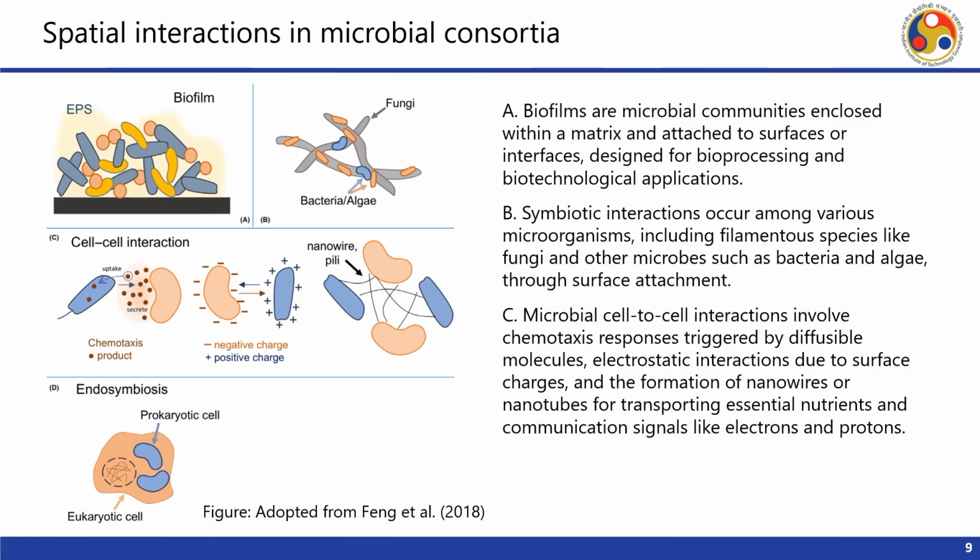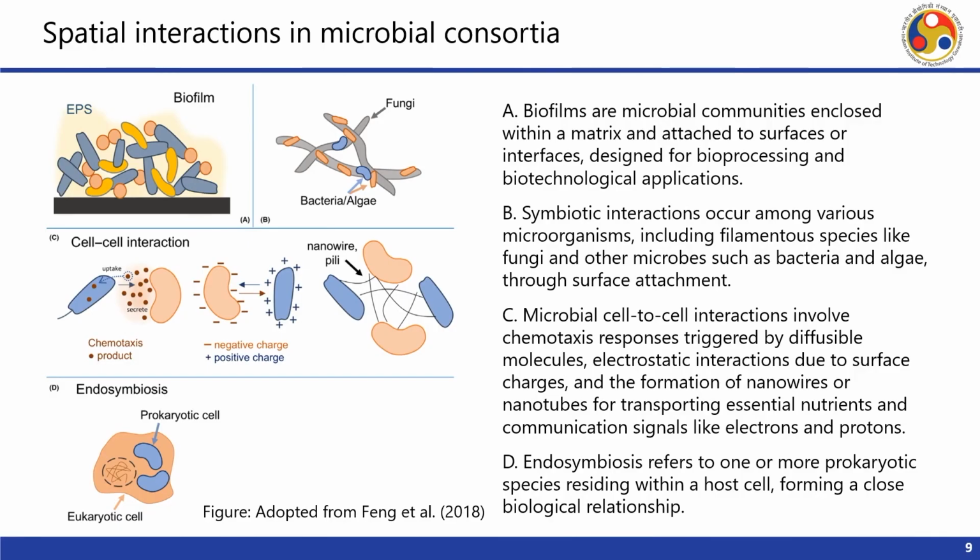So, here the bacterial cells, of different strains or different species, are trying to communicate with one another by either some kind of electrostatic interactions or by sending in some molecules or establishing physical contact through nanowires.